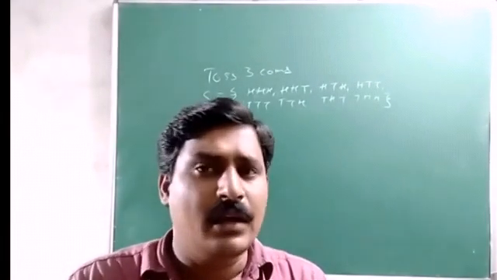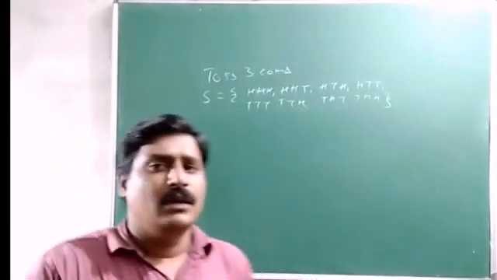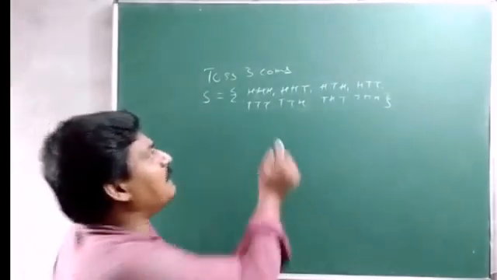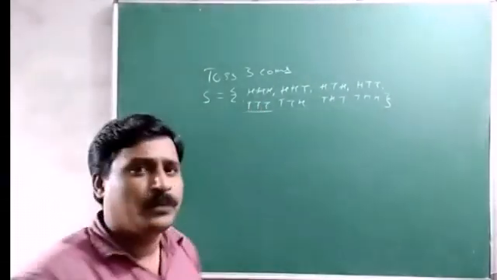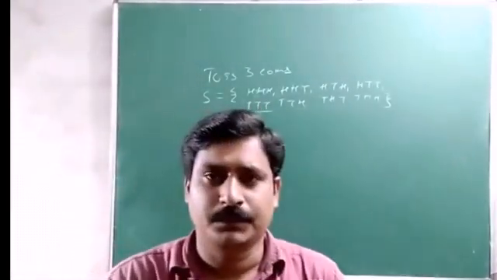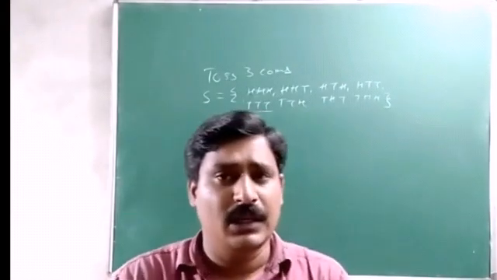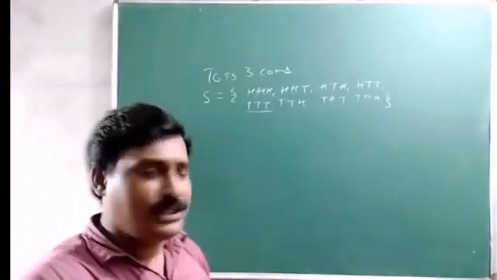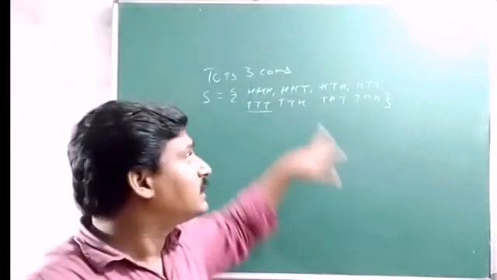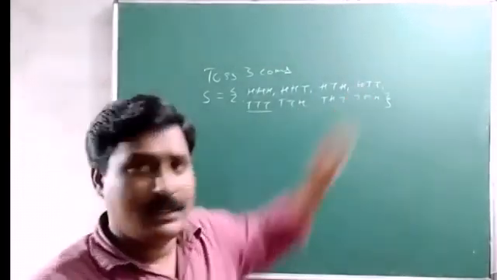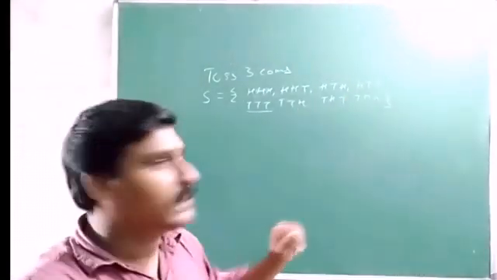Okay, head means here, in each of the events except TTT we have a head. So the probability of getting a head is... In a few cases we have no head, one head, and 2 heads also are there.